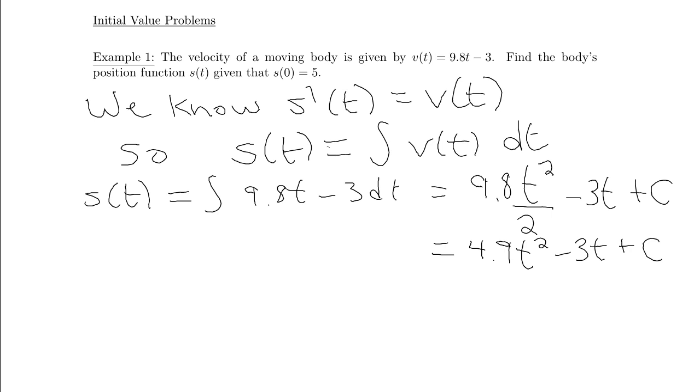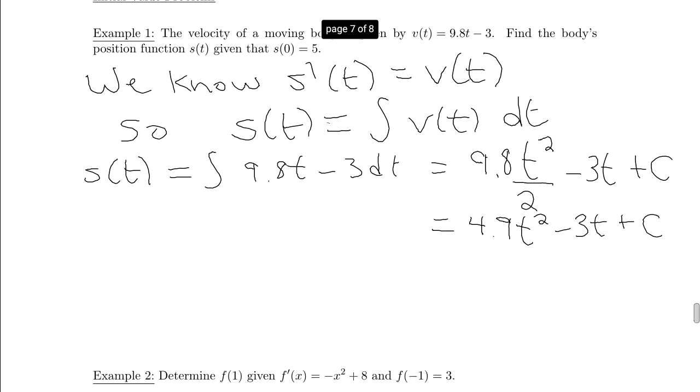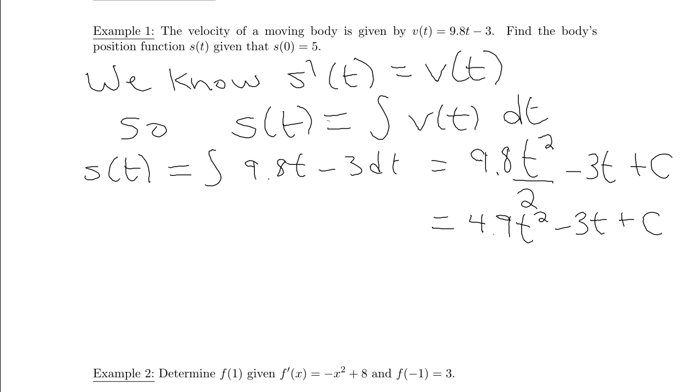So the whole point of these problems, initial value problems, is that we've been given more information, right? We don't just know the derivative. We also know a point on the original function. We know that s of 0 is equal to 5. And if we use the fact that s of 0 is equal to 5, we're going to be able to solve for our constant c.